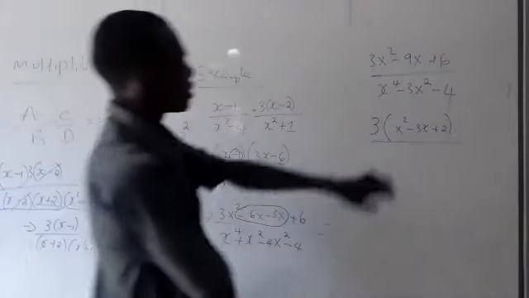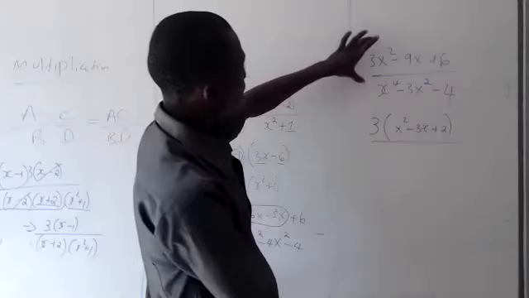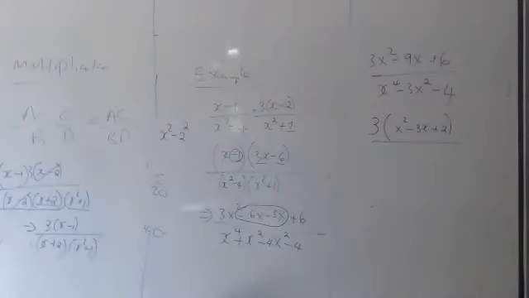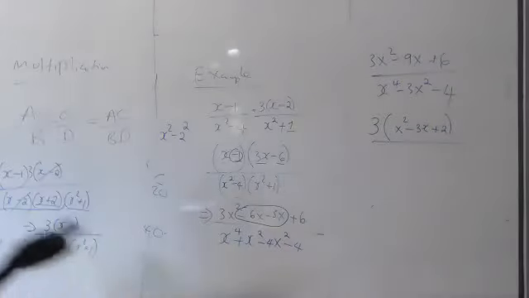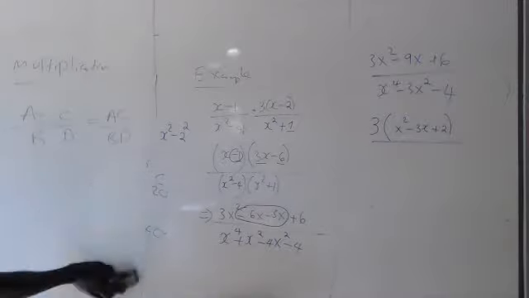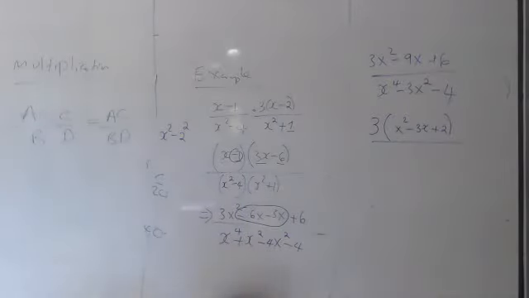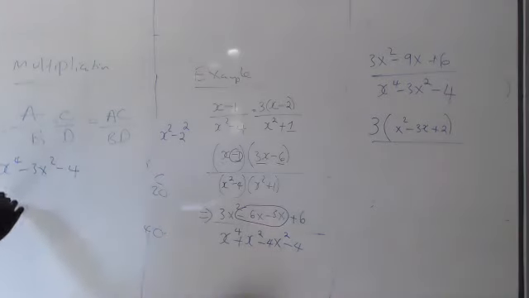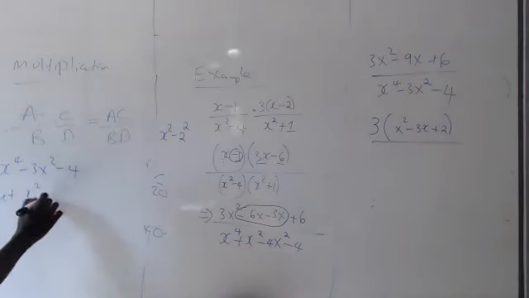Okay, so in the numerator, I've factored out 3. And now we need to factorize the denominator. So what I will do in the denominator, you have x to the 4 minus 3x squared minus 4. Let x squared be something, let's say y.